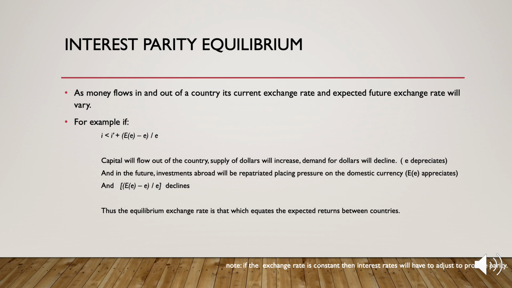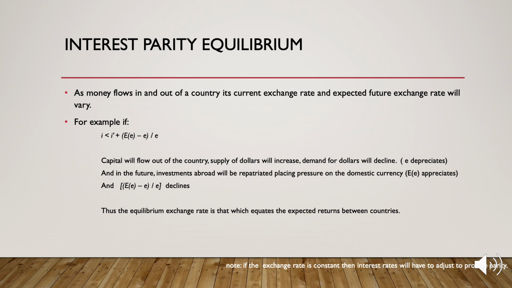Consequently, this will overall bring down the foreign rate of return until it is again equal with the domestic interest rate. To give you a simple example, take our last example. The domestic interest rate is 5%, the foreign interest rate is 2%, the expected depreciation of the currency is 10%, and capital begins flowing out of the country, depreciating the currency now so that the expected future depreciation is not quite so great.